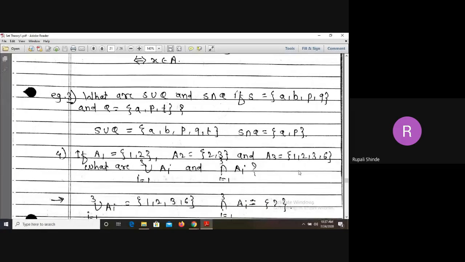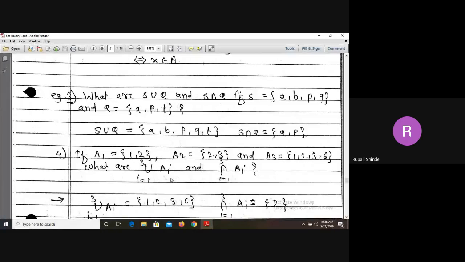Again, the next example is also based on union and intersection. Here three sets are given, A1, A2 and A3. A1 is {1, 2}, A2 is {2, 3} and A3 is {1, 2, 3, 6}.